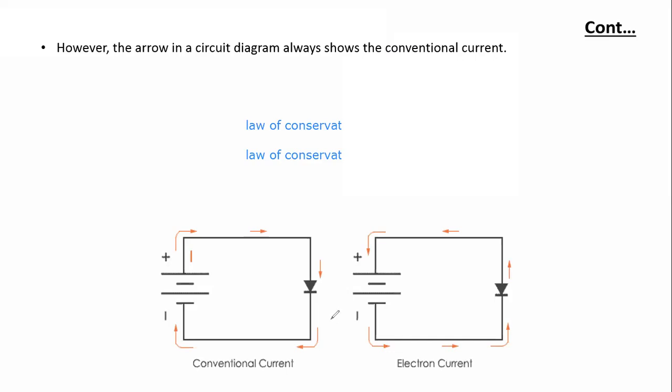I repeat, the chemical energy of your battery will convert through the flow of electrons into electrical energy. This electrical energy, if you consider this load as a glowing bulb, will convert into light energy, the third form of energy.